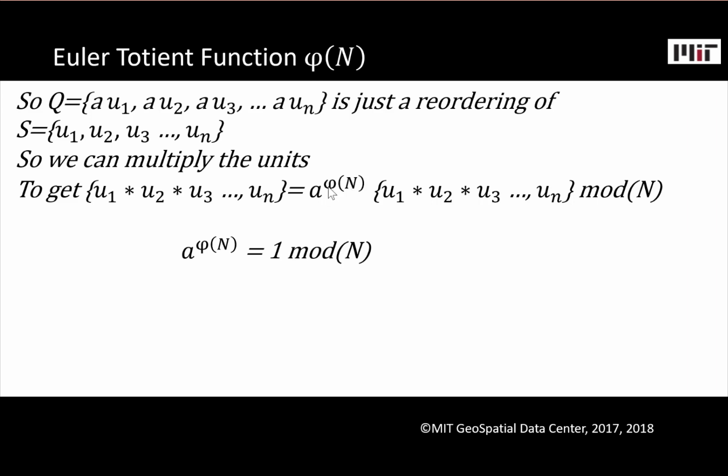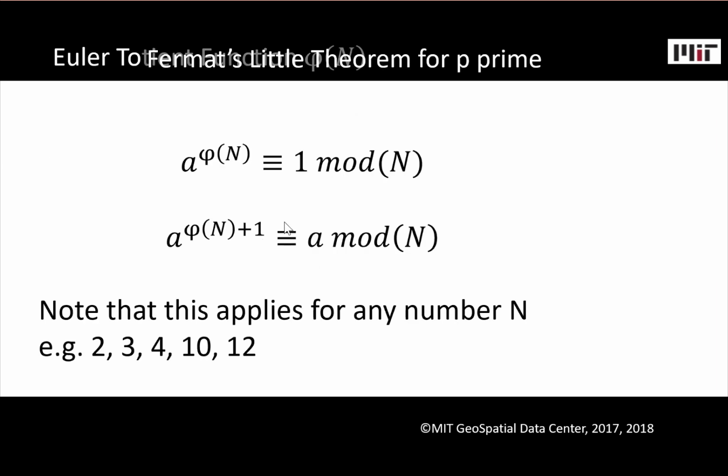So if n was 12, this would just be 4, a to the power 4 equals 1 mod n, 1 mod 12. And of course we can just multiply through by a, and we get this other version.